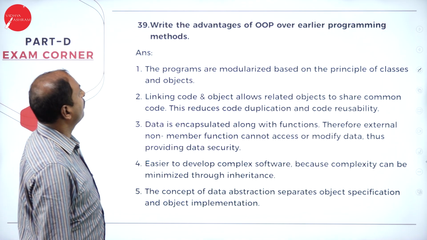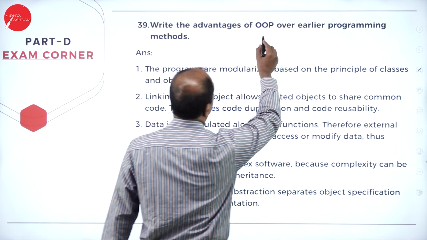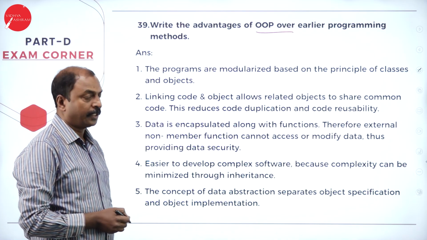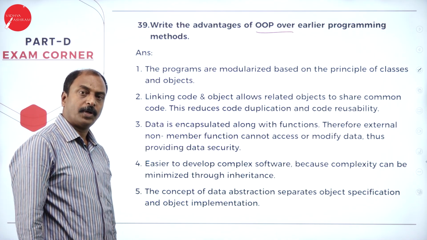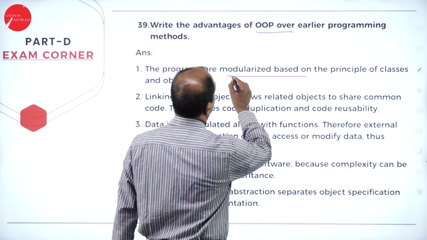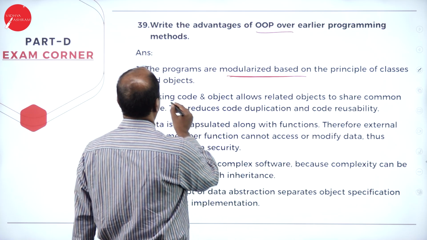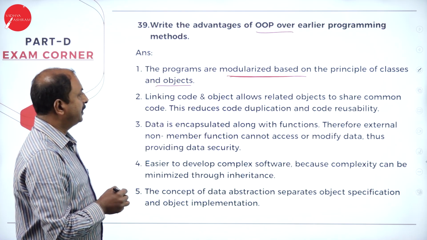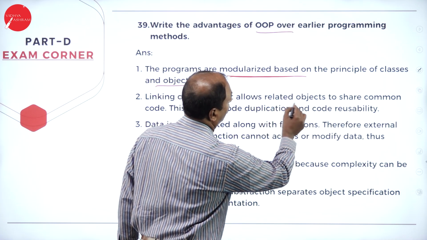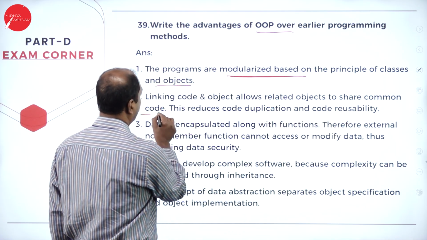Next question is, write the advantages of OOPS over earlier programming. It is a 5 marks question. You have to write any 5 points. So the first point is that programs are modularized based on the principle of class and object. Second, linking code and object allows related objects to share common code.